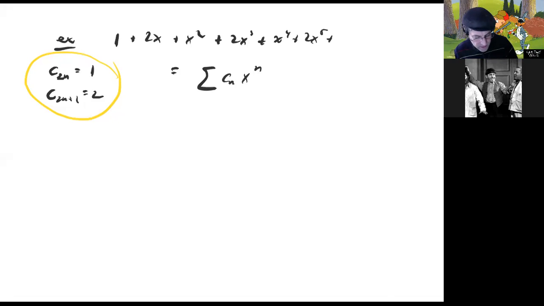Now, there are a couple of ways to do this problem. You can do the ratio test, but you have to do some work with that.